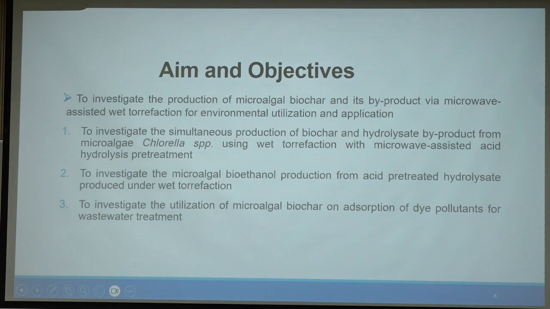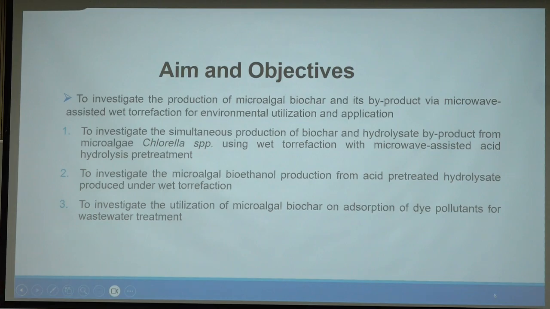The aim of this study is to investigate the simultaneous production of biochar and hydrolysis byproducts from the microalgae Chlorella, using wet conversion with microwave assisted acid hydrolysis. That is the first part.